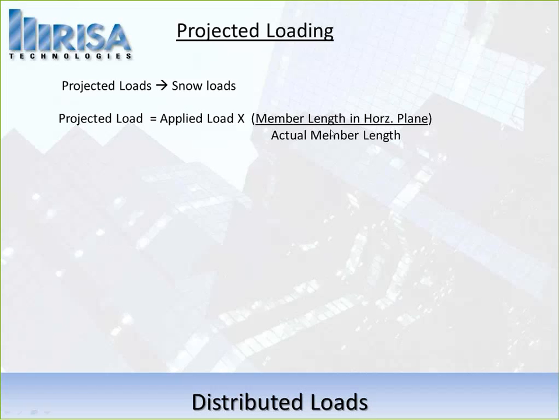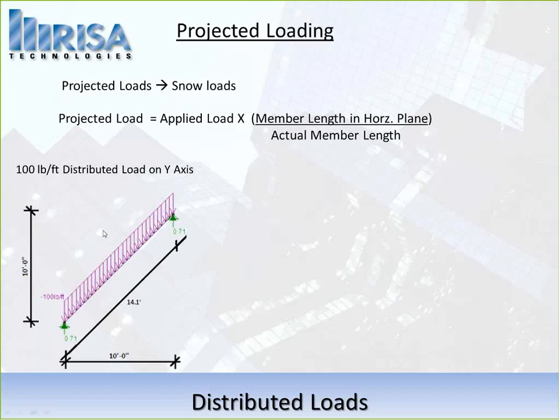So this is easier to see once we think about how it would be laid out. We take that 100 pounds of distributed load, and if we were to apply it like a dead load, for example, we would just apply it vertically on that member, and we would see that that would actually be more here. That would be 14.1, the distance from the top boundary condition to the lower boundary condition.